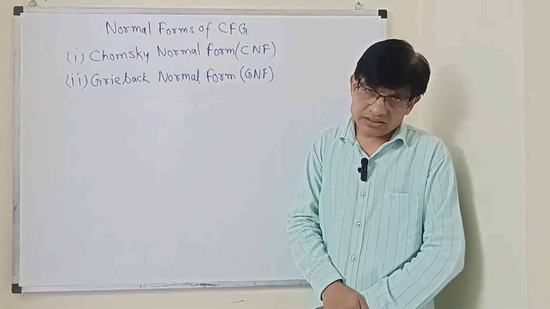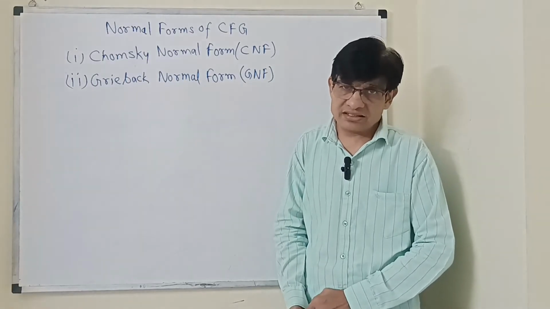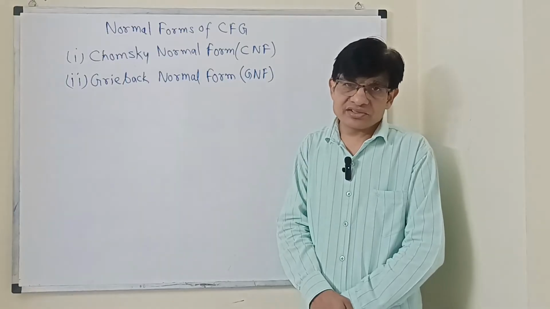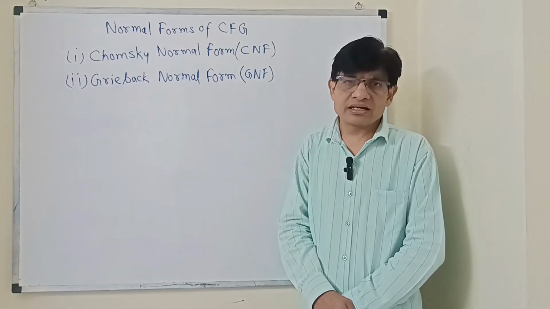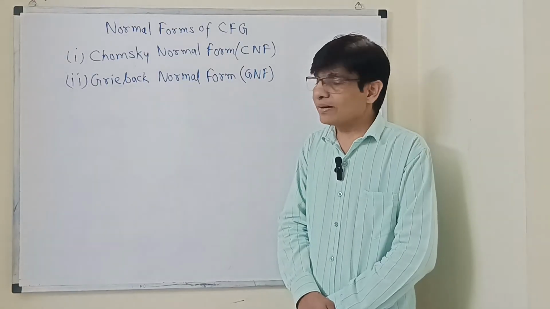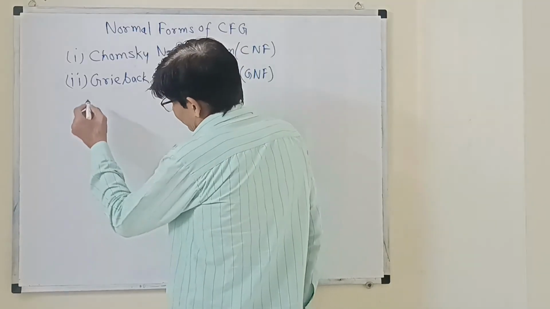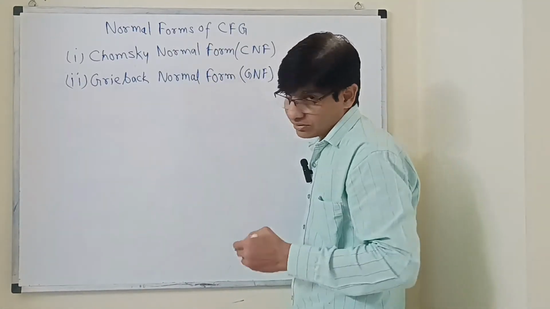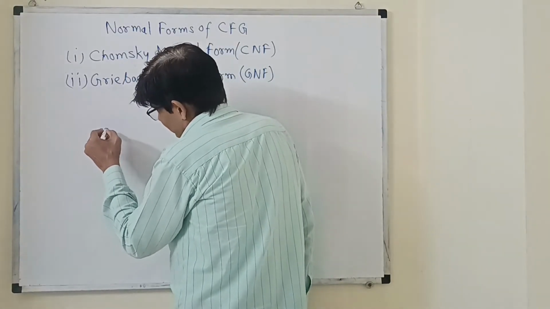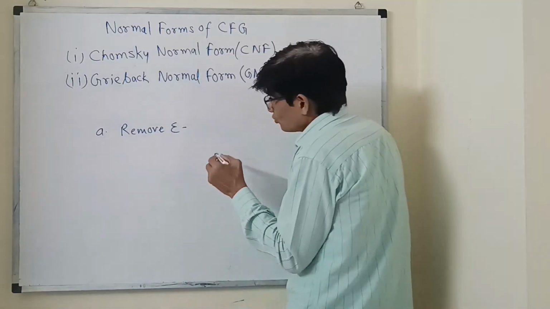Both these grammars do not have epsilon productions, and if your grammar generates epsilon, meaning epsilon is a valid string for the grammar, then you can have only one epsilon production. If I want to convert any grammar into either of these two normal forms, first I need to remove all epsilon productions and unit productions.